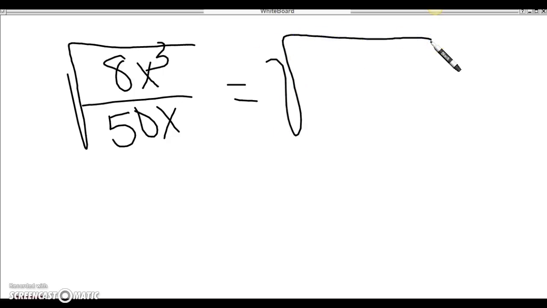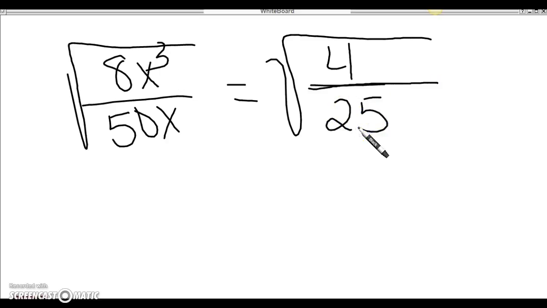They both have factors of 2. So 2 goes into 8 4 times, and 2 goes into 50 25 times. And for my x cubed over x, it divides and I get x squared.